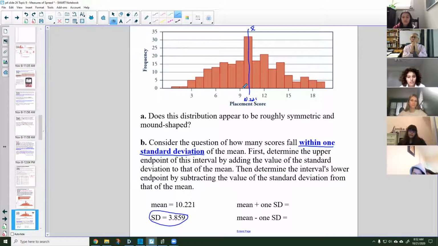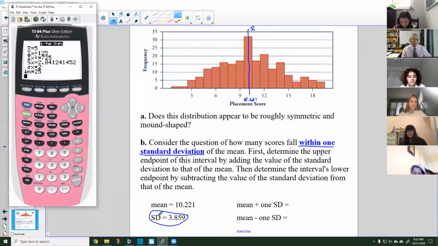Because remember, the standard deviation is the average amount that a piece of data is from the mean. So some are going to be greater than that average amount, and some are going to be less. That's why it's an average amount.